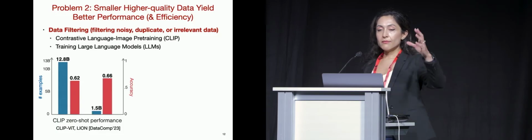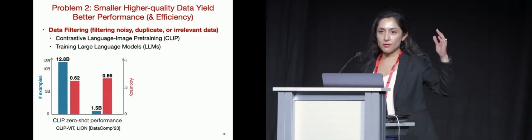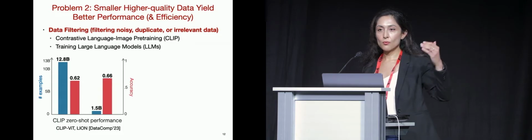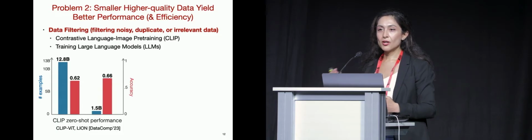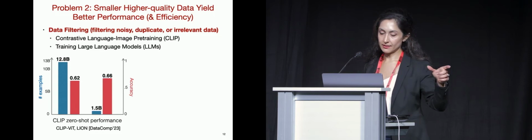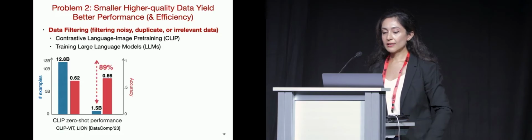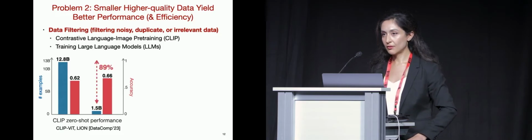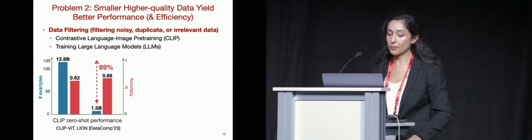But now, if we filter this data from almost 30 billion to 1.5 billion, we are getting even slightly better accuracy, right? So this is a subset of that very big data. This is almost a 90% reduction, with which we can improve the performance.